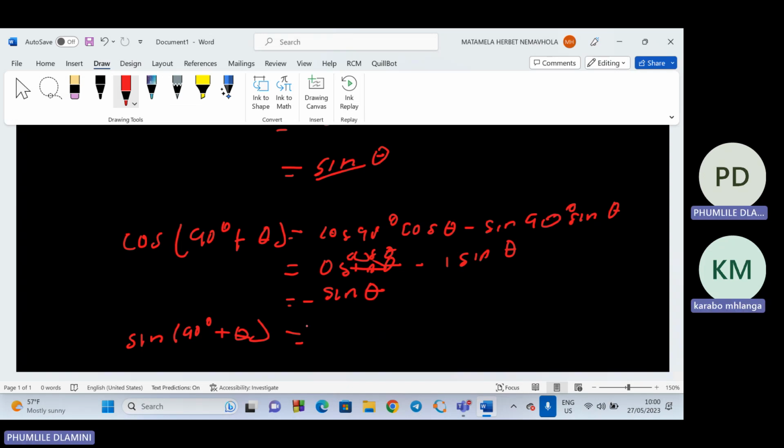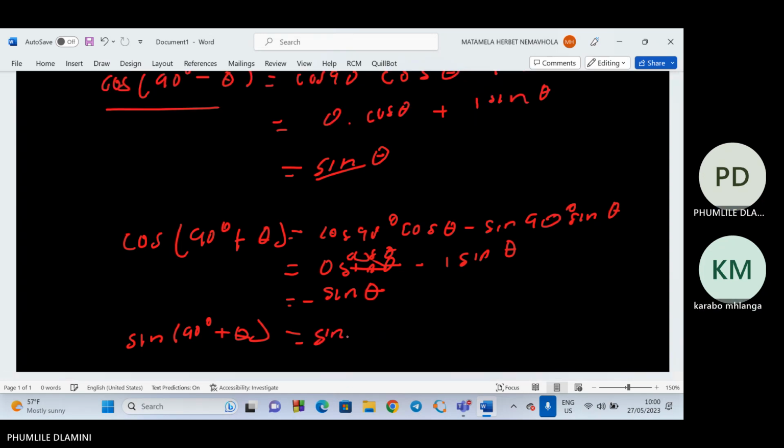It's going to be sine 90 degrees cos of theta, plus cos 90 degrees sine of theta.